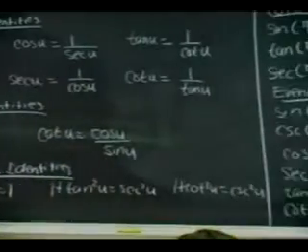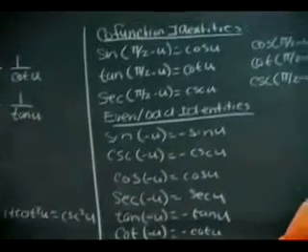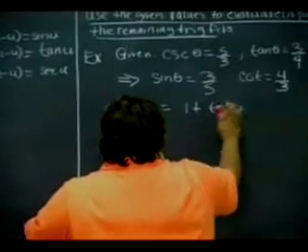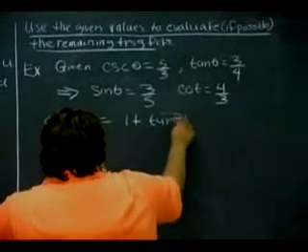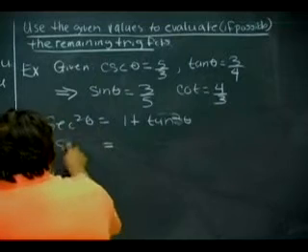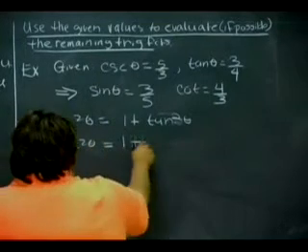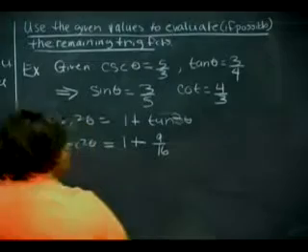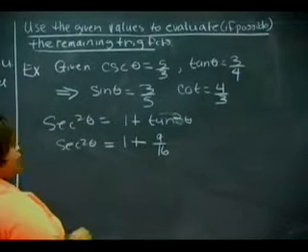So what is secant? Secant squared theta is 1 plus tangent squared theta. So I have 1 plus tangent squared, which is 9/16, right?